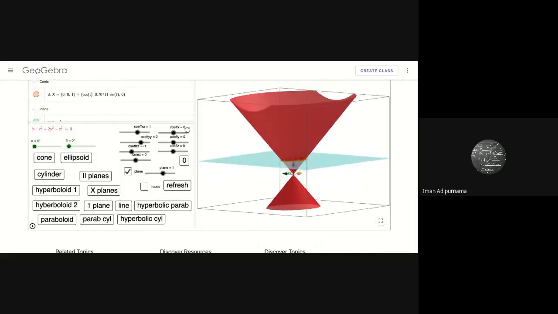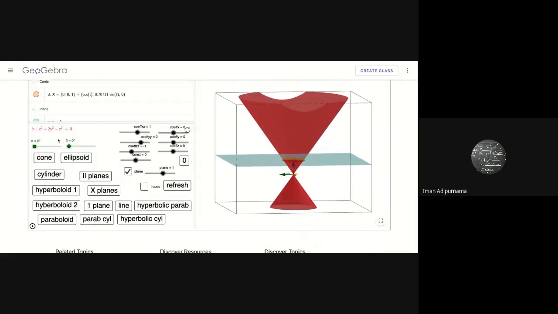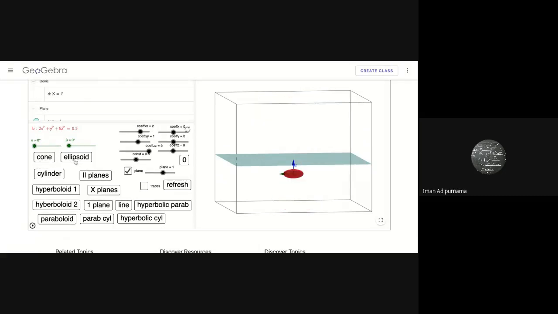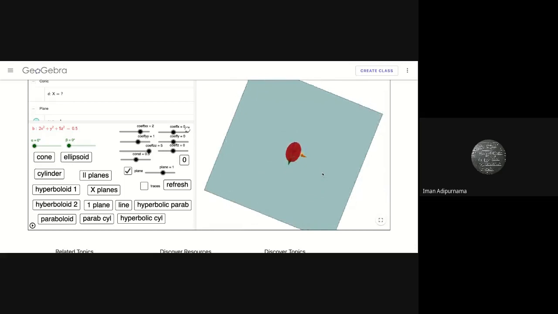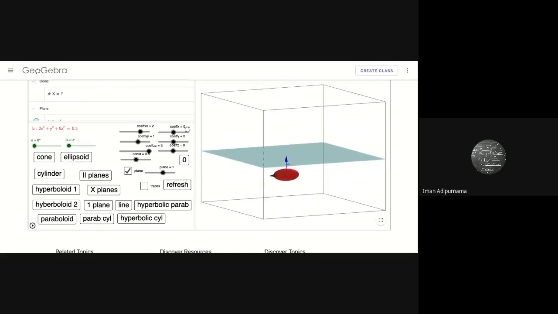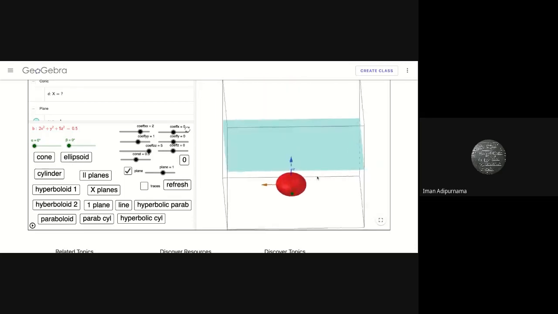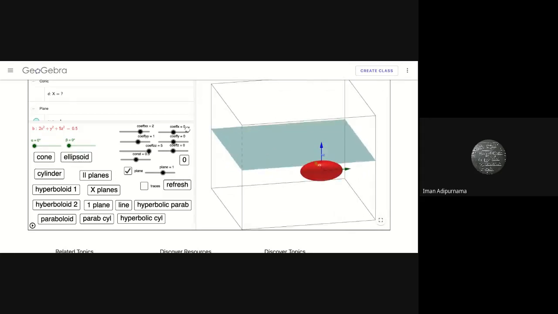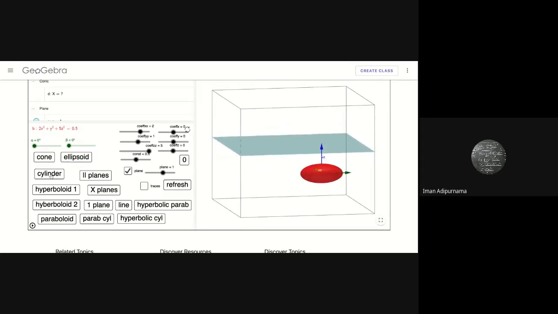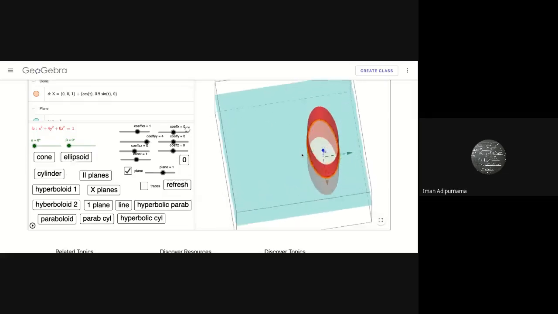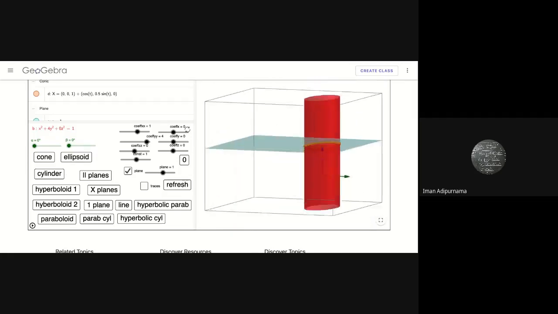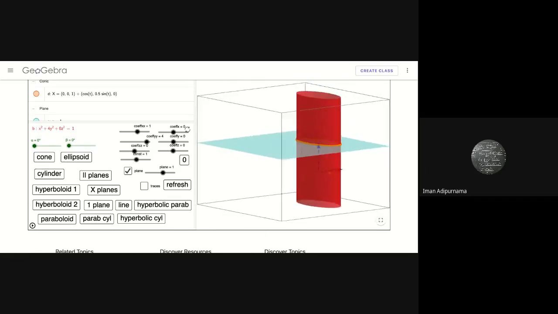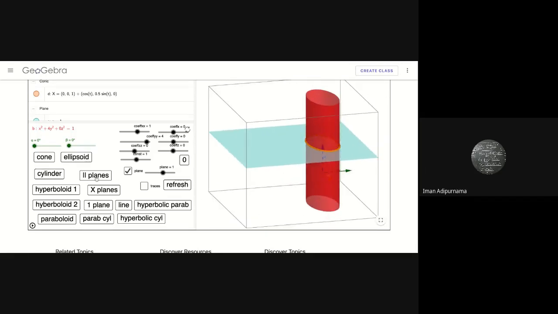Let's say we open this one, and you can check. For example, this one is a cone. Let's say we have a cone here, and we can change to an ellipsoid. This is the ellipsoid. We can zoom in and see what it looks like. We can see this cylinder, that's our cylinder with an ellipse as the cross section.